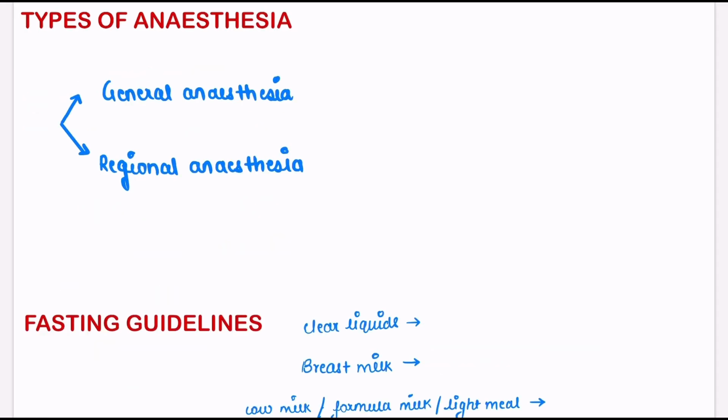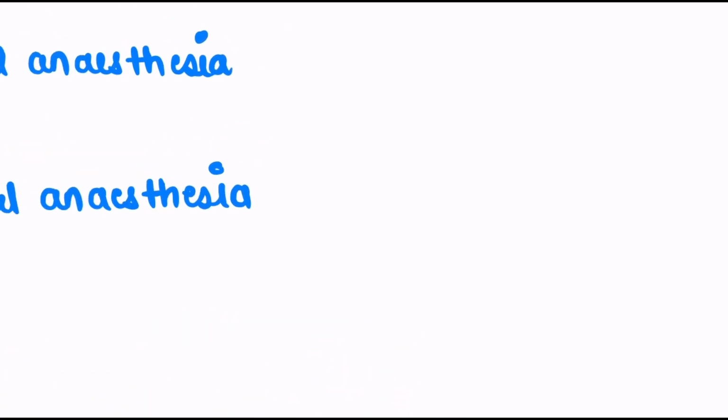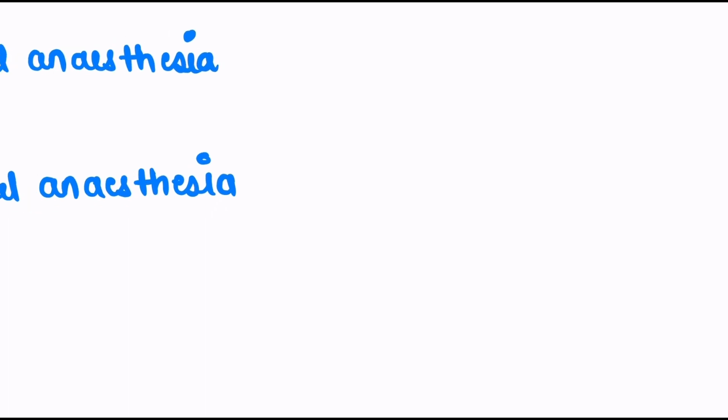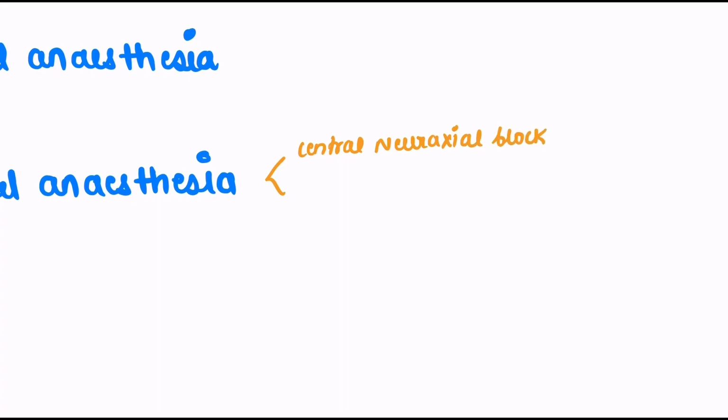Next, we are going to see about the types of anesthesia. There are two types of anesthesia: general anesthesia and regional anesthesia. The regional anesthesia is further subdivided into central neuraxial block and peripheral nerve block.